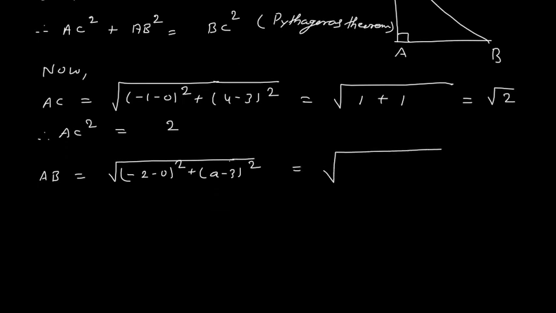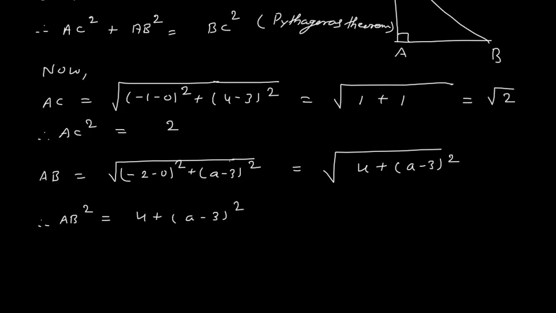This is the square root of minus 2 minus 0 the whole square, which is minus 2 square, which is 4, plus let us keep this as a minus 3 the whole square only. So therefore AB square will become 4 plus a minus 3 the whole square.